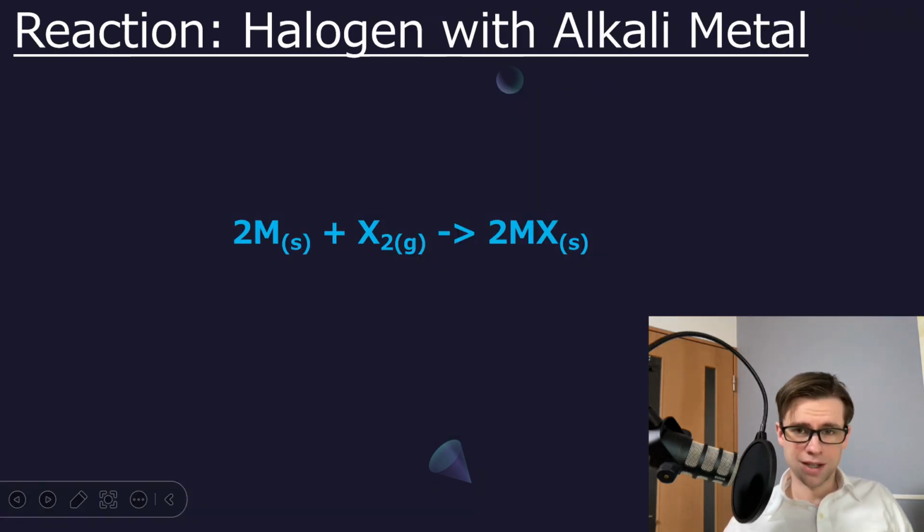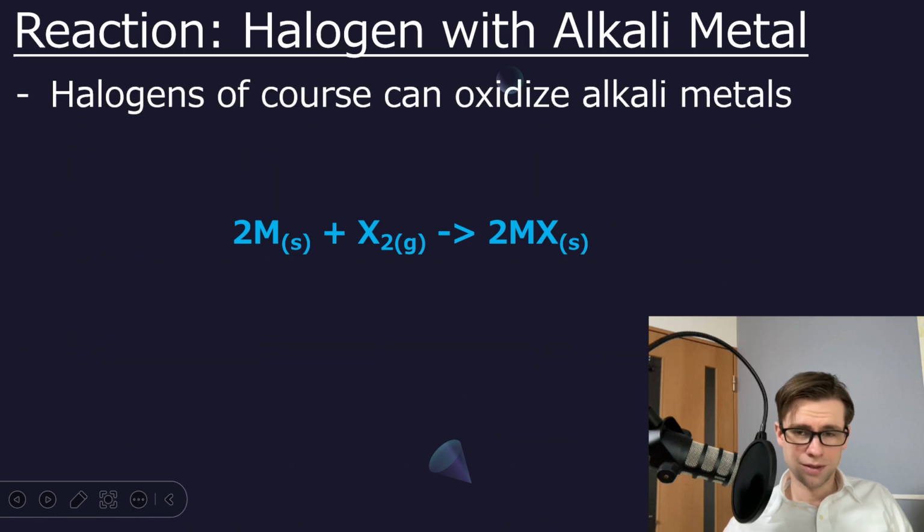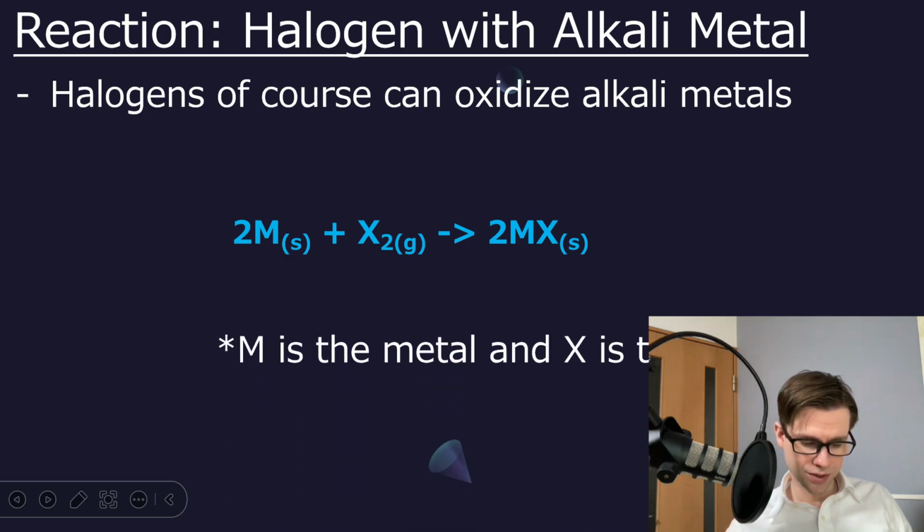So, as you can imagine, since halogens are very electronegative, and they'll be very stable if they gain an electron, and then alkali metals have very low ionization energy, doesn't take much energy to remove their electron, then of course, halogens can oxidize alkali metals by taking their electron.